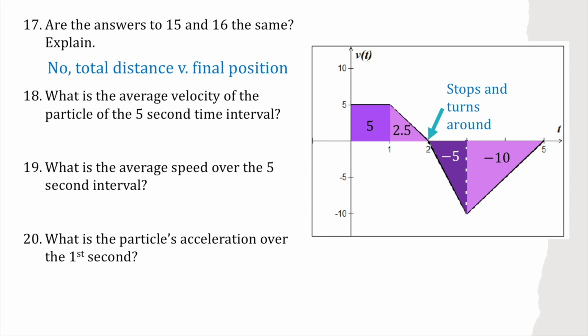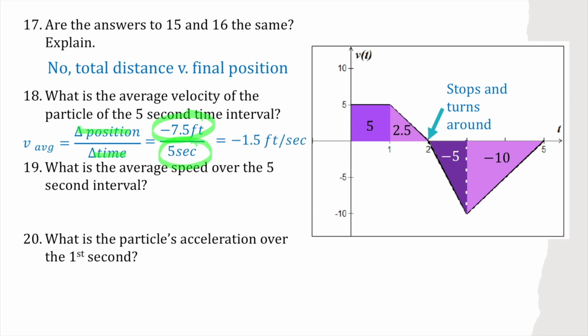Those are different. What's the average velocity of the particle over the 5-second time interval? The average velocity, again, is change in position over change in time. Well, change in position, we just discovered, was -7.5 feet, and it did that over 5 seconds.